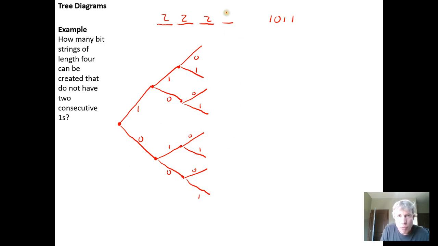And then I get my fourth choice. I have two choices. I choose either a 0 or I choose a 1, and the same at each of the remaining branches.